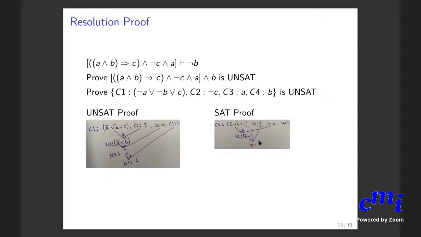If it terminates without producing bottom, that is, a contradiction, then you know the original formula is not unsat. In that case, it is indeed satisfiable, and from that proof you can actually extract a satisfying assignment, which is more efficient.